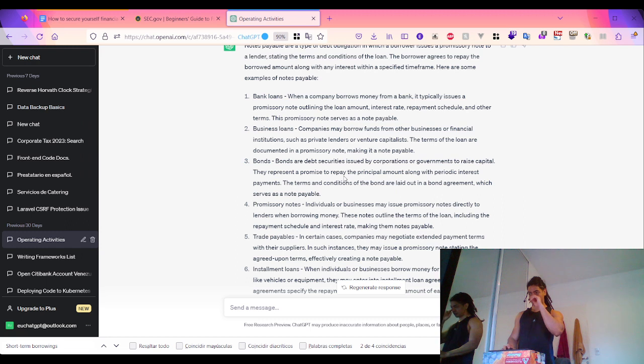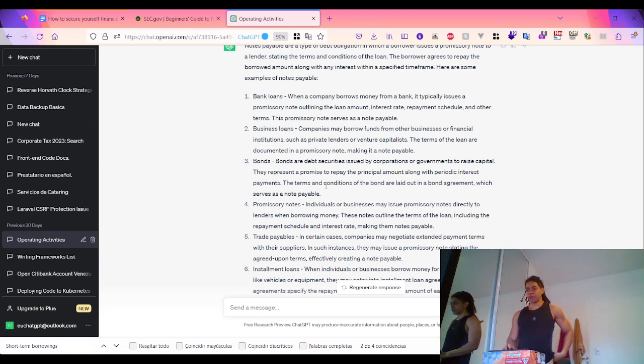They represent a promise to repay the principal amount along with periodic interest payments. The terms and conditions of the bonds are laid out in a bond agreement, which serves as a note payable. Promissory notes: individuals or businesses may issue promissory notes directly to lenders.